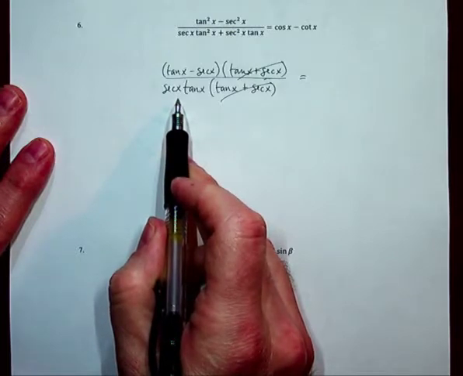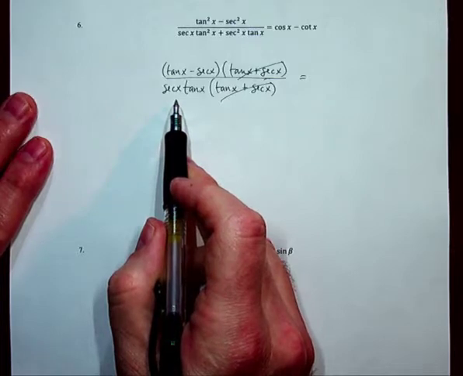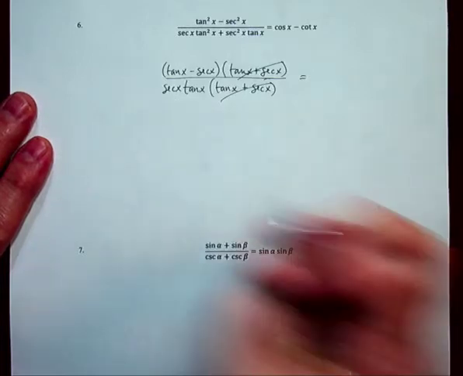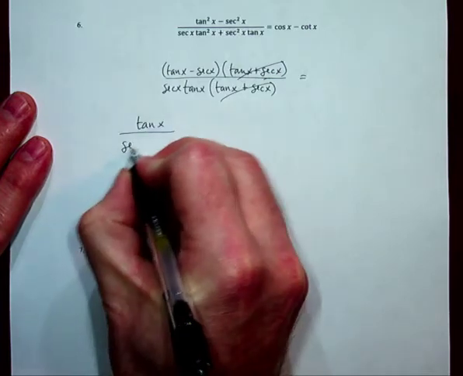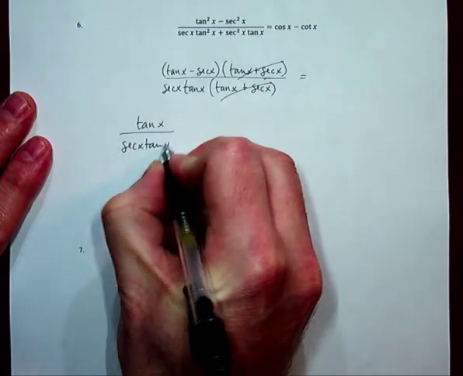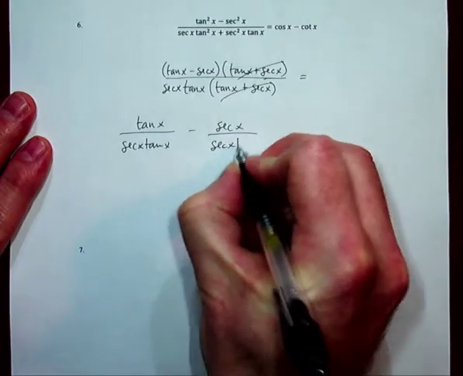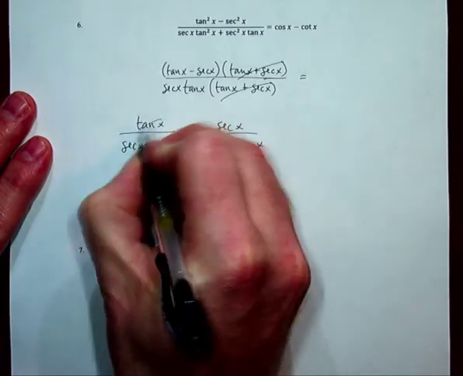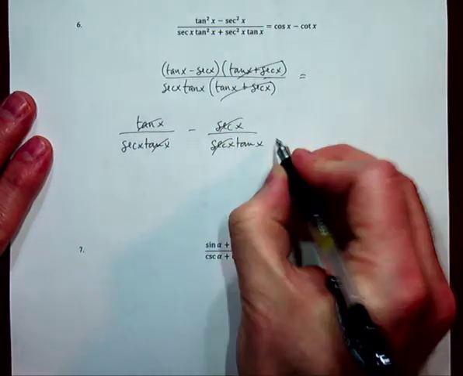And if I have a difference over a monomial, I can separate the fractions and simplify. And so what I get here is tangent x over secant x tangent x, secant x over secant x tangent x. In the first one, the tangents cancel. In the second one, the secants cancel.